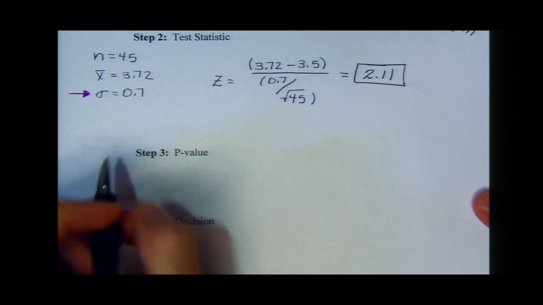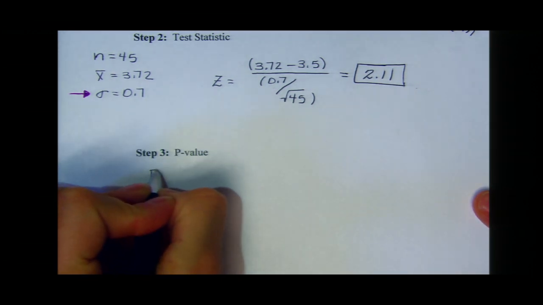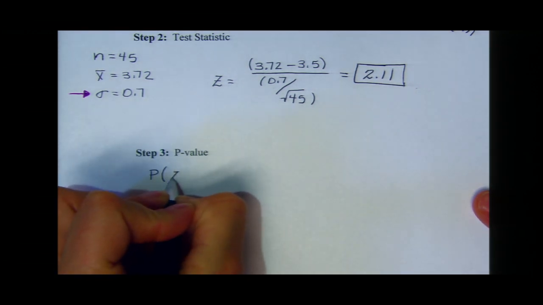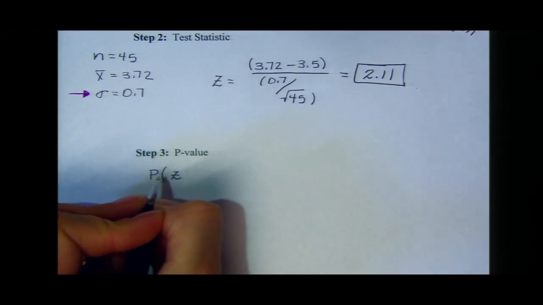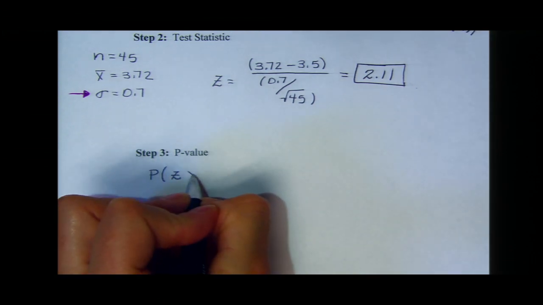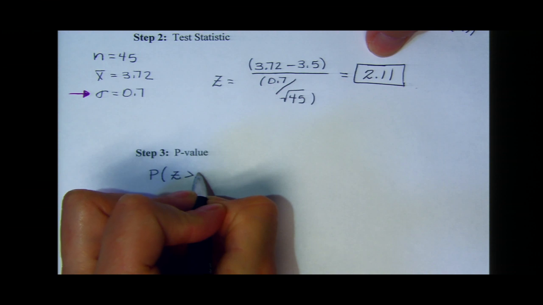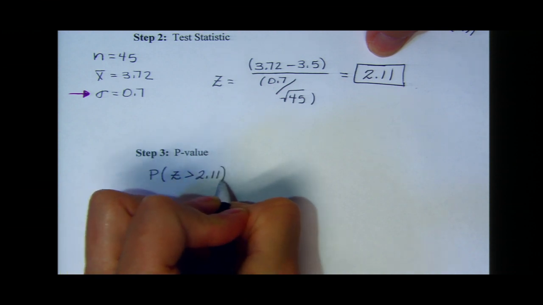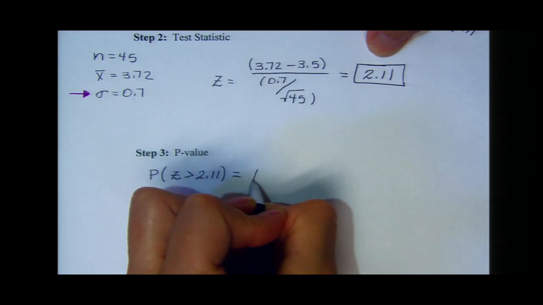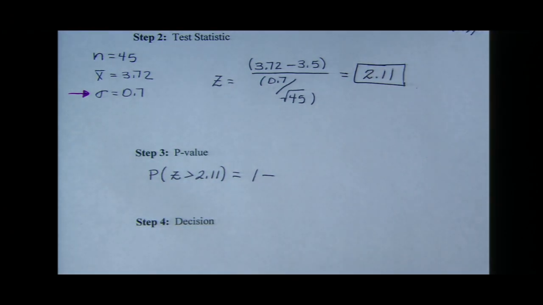So now, in step 3, I'm going to calculate the p-value. Since the alternate is a greater than, the p-value is the probability that z is greater than the test statistic 2.11, and because it's greater than, I do 1 minus the number from the table.